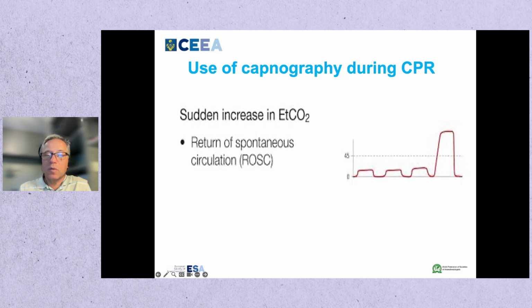Let's talk a little bit more about the use of capnography during CPR. When ROSC, return of spontaneous circulation, occurs, there will be a significant increase in end-tidal CO2. This increase represents drastic improvement in blood flow, which indicates circulation.